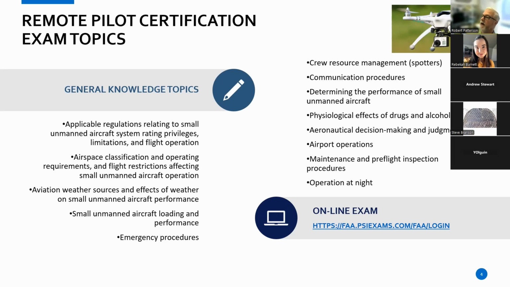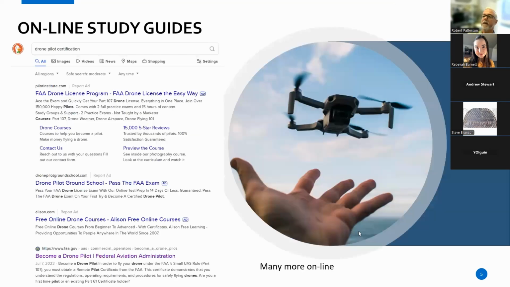The exam will also talk about communication, drugs and alcohol, aeronautical decision making, airport operations, and really important, the pre-flight inspection procedures and operation at night. Here's the URL for your online exam.